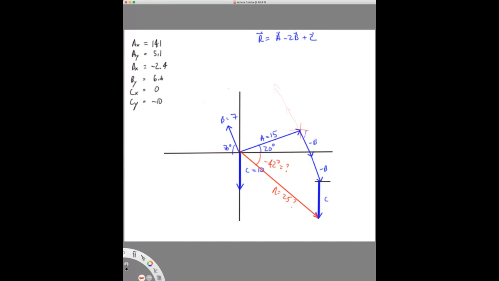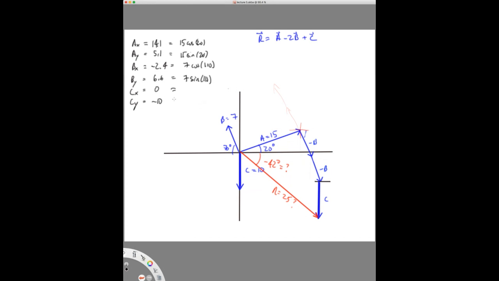Okay, so I didn't show the work, but for A it would be 15 times the cosine of 20, or 15 times the sine of 20. And for B, it's going to be 7 times the cosine of 110, or 7 times the sine of 110.